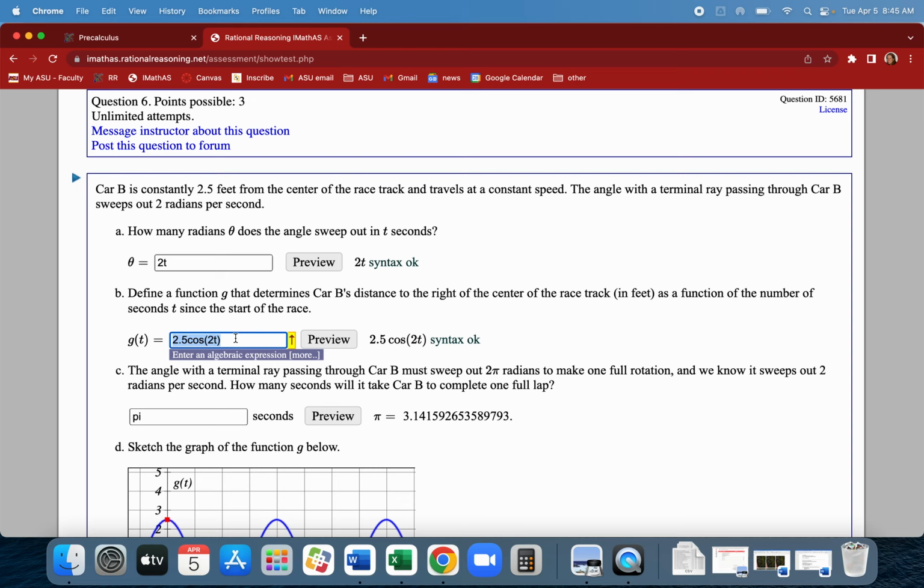It's going at 1 foot per second, which is 1/3 of a radius per second. So t here, if this is a number of seconds, then 1/3 t gives me the number of radiuses, which is the same as the number of radians.